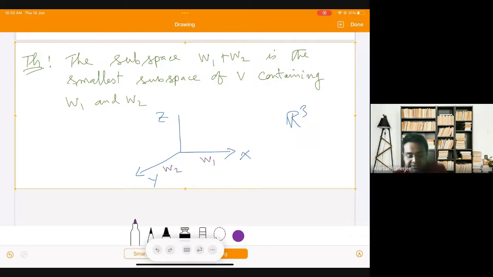Okay, so in this case, what will be W1 plus W2? The x-axis and y-axis span a plane, right, so it will be the xy plane.